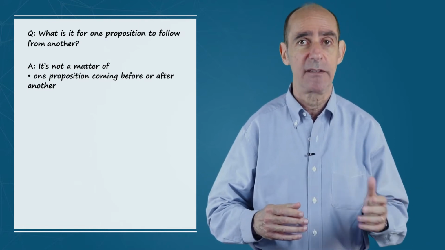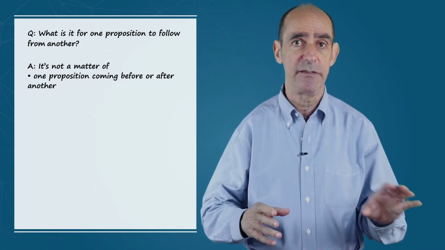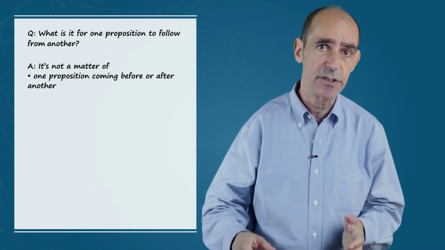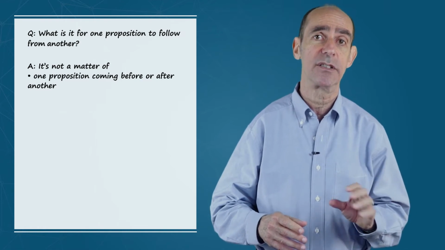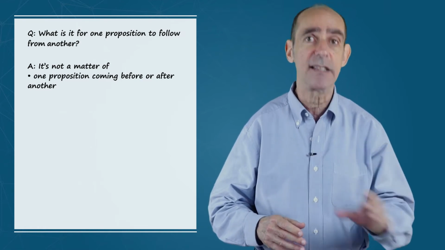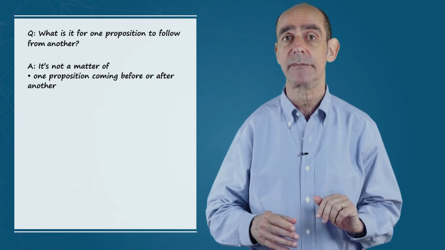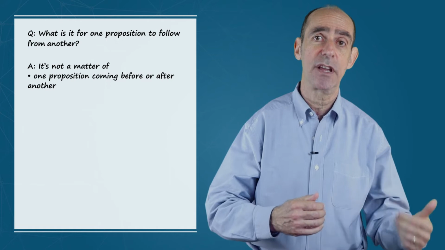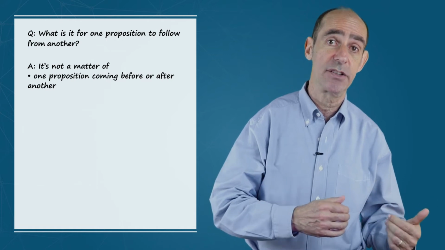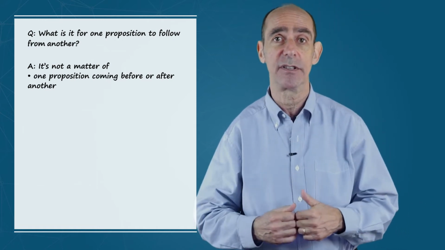Now you might think that even though propositions aren't events that happen at a particular time, the act of asserting a proposition is another story. That's something that does happen at a certain time. I might assert one proposition and then assert another proposition. So the second assertion would come after the first.